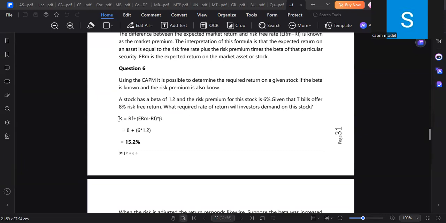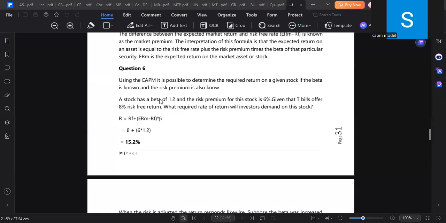So using this formula, return is equal to risk-free rate plus the market return minus risk-free rate times beta. So this has already been computed. Sometimes you may be given the market return, but this all collectively is what is called the risk premium. So where there's ERM minus RF, we're just going to put what? The 6%. So 8% is a treasury bill plus 6% times 1.2, we get 15.20.